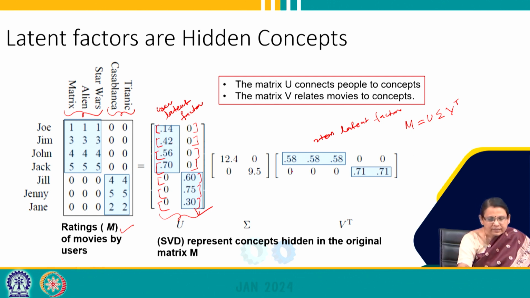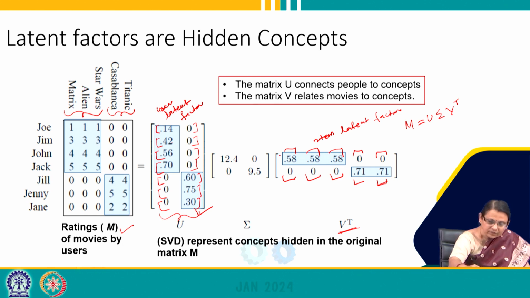Similarly, these are the latent factors for the movies. This is the first movie, second movie, third movie. I am writing it this way because this is the transpose. This is the fourth movie, and this is the fifth movie. Now, look at this: for the first 3 movies, this is factor 1 and this is factor 2, and the first factor is becoming important.